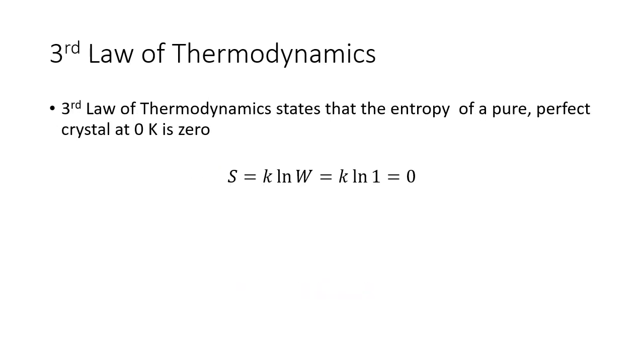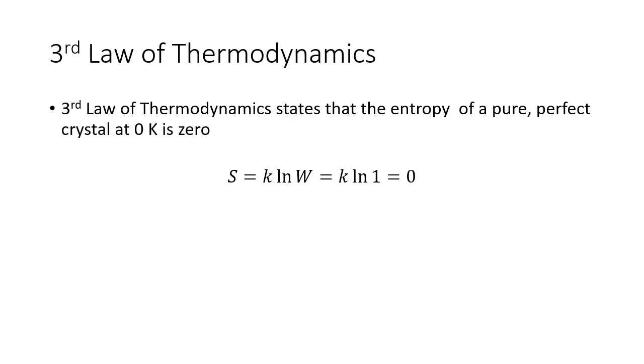So let's talk about the third law of thermodynamics. The third law of thermodynamics states that the entropy of a pure perfect crystal at 0 Kelvin is 0. Why? We had from the previous section that S was equal to K times the natural log of W. K was the Boltzmann constant, and W was the number of ways that you could arrange the matter and the energy.